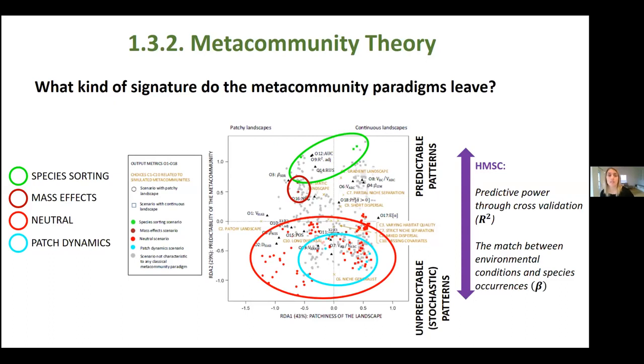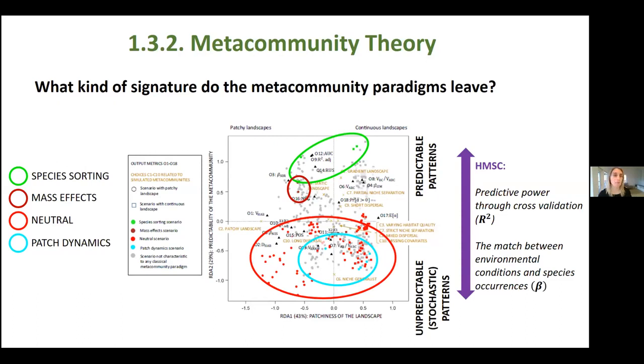The species sorting and mass effects paradigms create more predictable patterns in our data than do the neutral and patch dynamics paradigms.